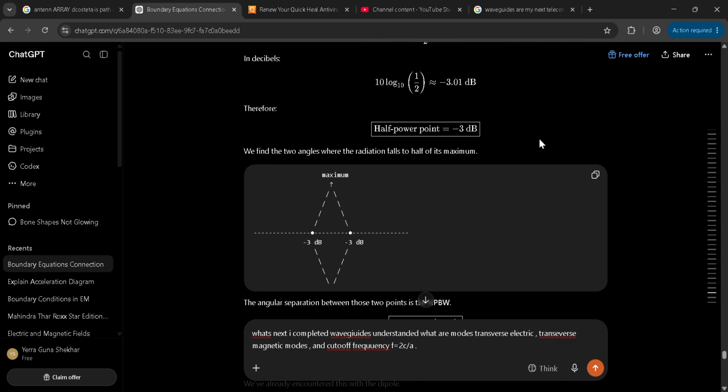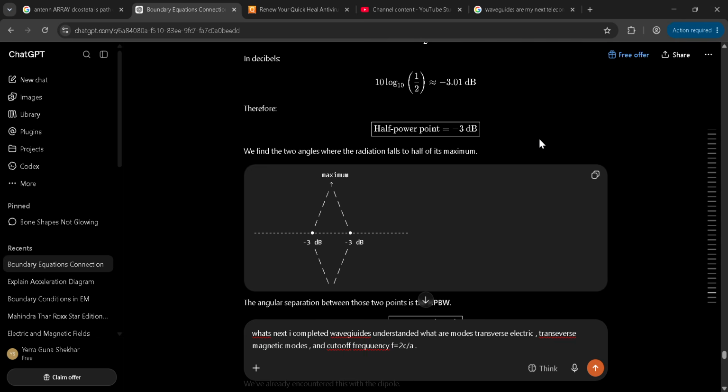Actually, I read about this. It is minus 3 dB, meaning decibels. It was 10 log 10 of 1 by 2. It was a way of representing the power, because the power values were very big, so we represent them with dB.